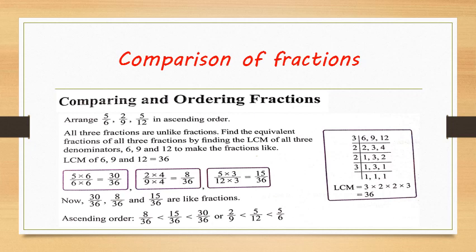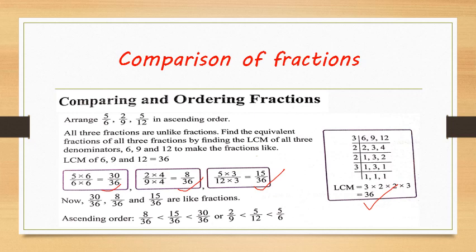So first we have to convert them into like fractions by making the denominators equal to their LCM. So first take the LCM of the denominators. The LCM will be 36. Now convert all three into fractions with the same denominator: 5 by 6 is converted into 30 by 36, 2 by 9 is converted into 8 by 36, and 5 by 12 is converted into 15 by 36.